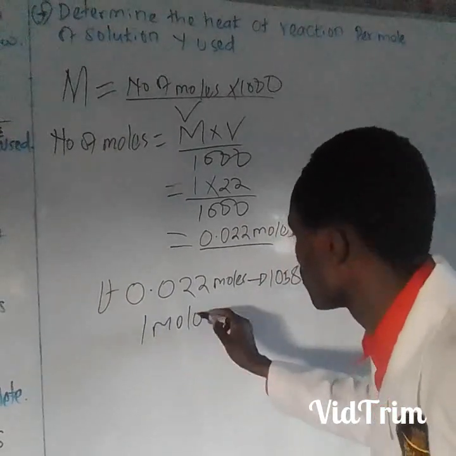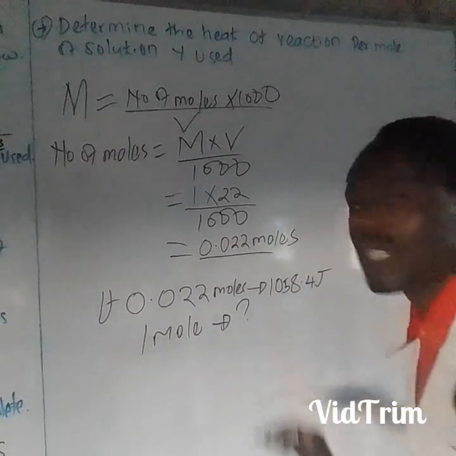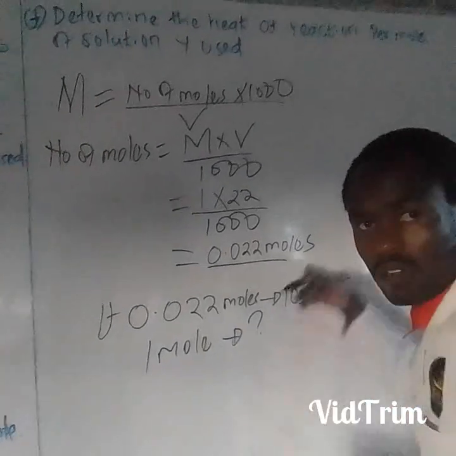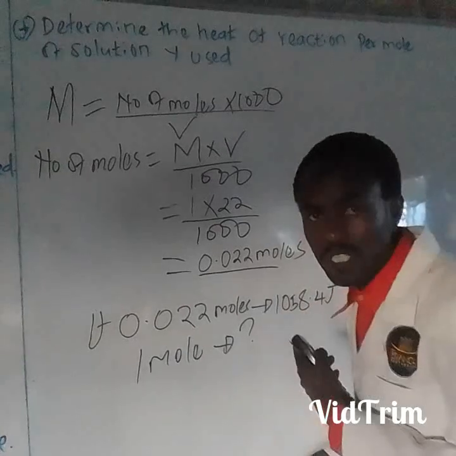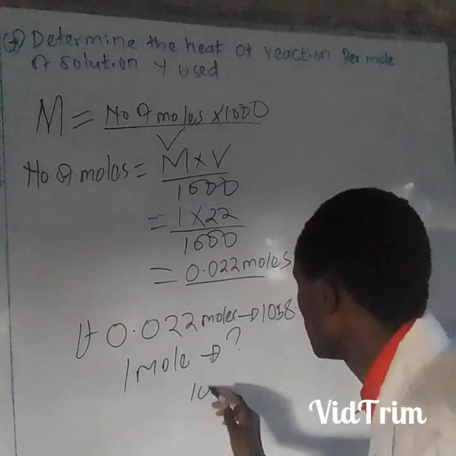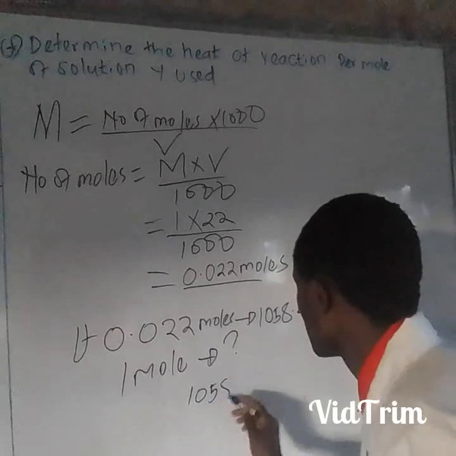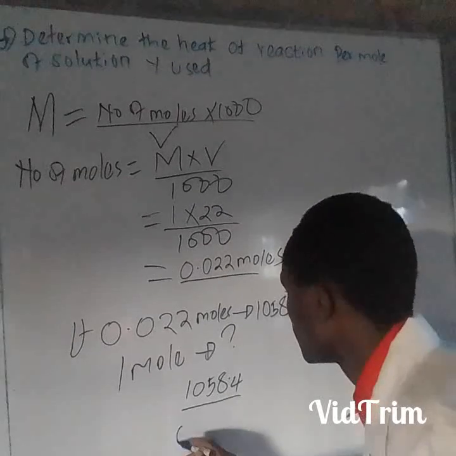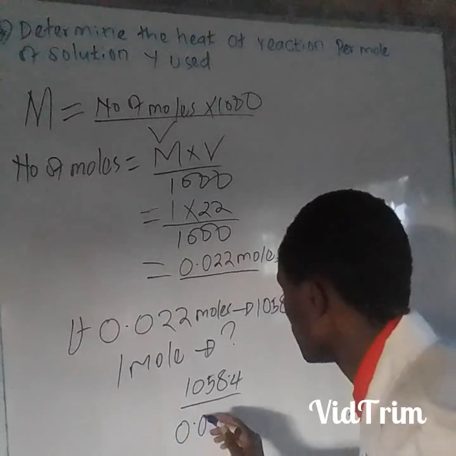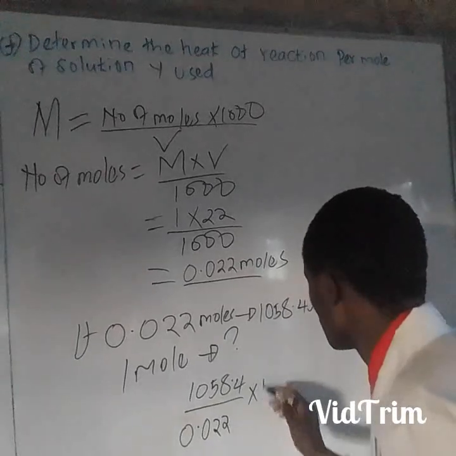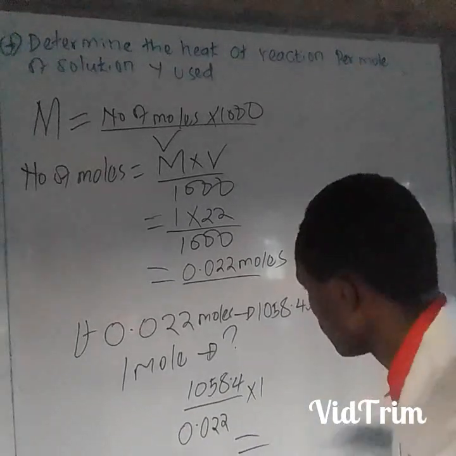What about 1 mole? 1 mole will give us which heat? Which is very simple. So this is about cross multiplication. Is it okay? So this is the same as 1058.4 divided by 0.022 moles times 1.